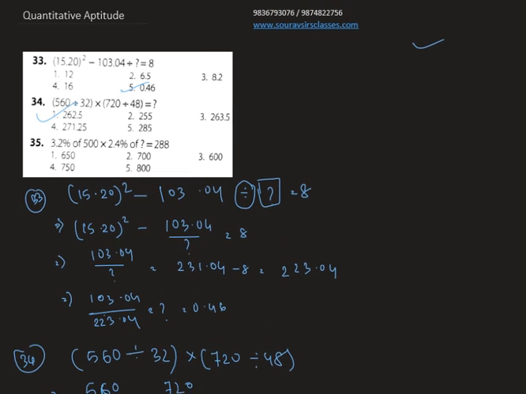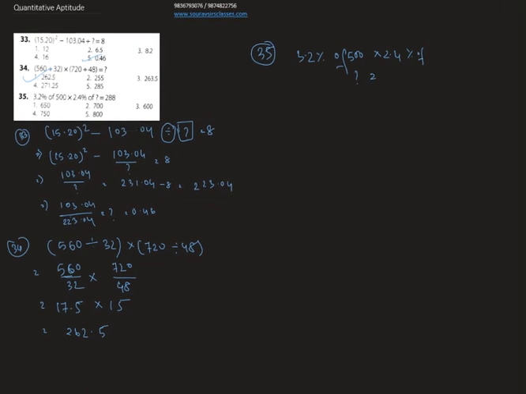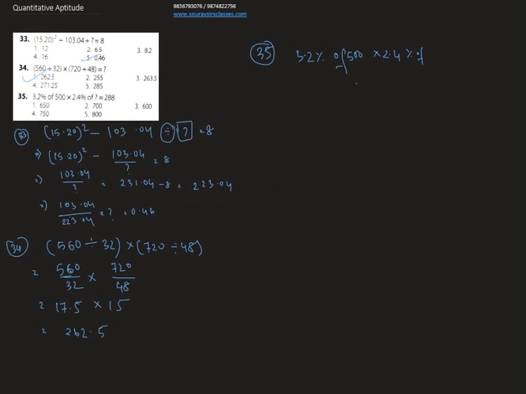Now let's check the next question, that is question number 35. 3.2% of 500 multiplied by 2.4% of question mark is equal to 288.